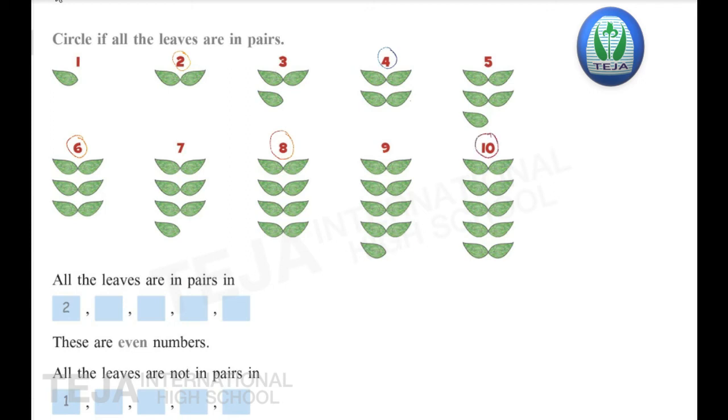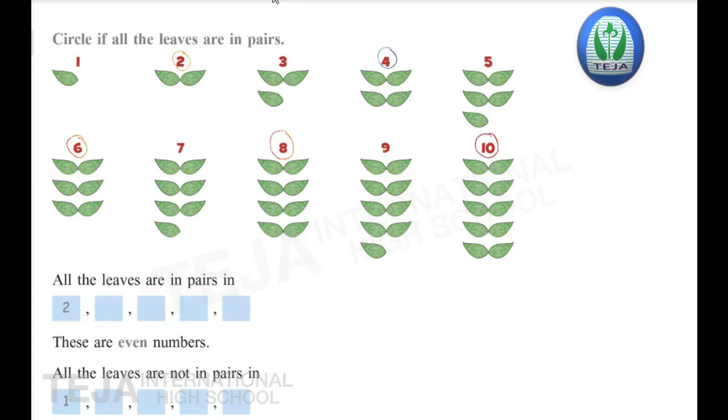Okay, children. Now what are the numbers having pairs of leaves here? 2, 4, 6, 8 and 10. So these numbers are having the pairs, and these numbers we call as even numbers. What do we call, children? Even numbers.